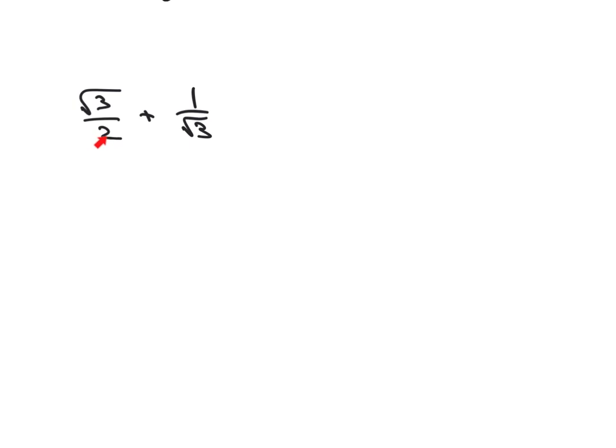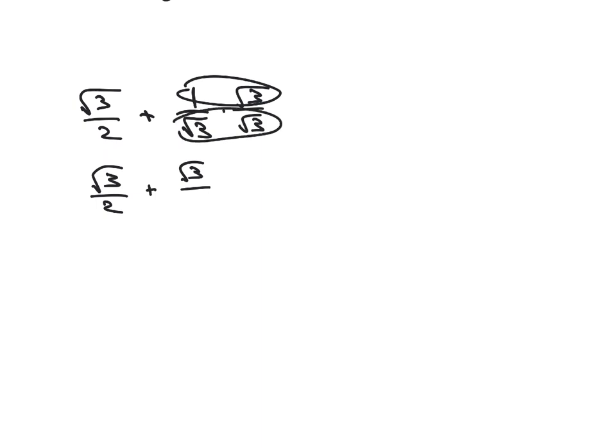It doesn't have a radical in the bottom, but this one does. So I'm just going to change this one by multiplying top and bottom. So I've got square root of 3 over 2 plus square root of 3 over. When I multiply these, everything comes off of it, and I'm left with 3.